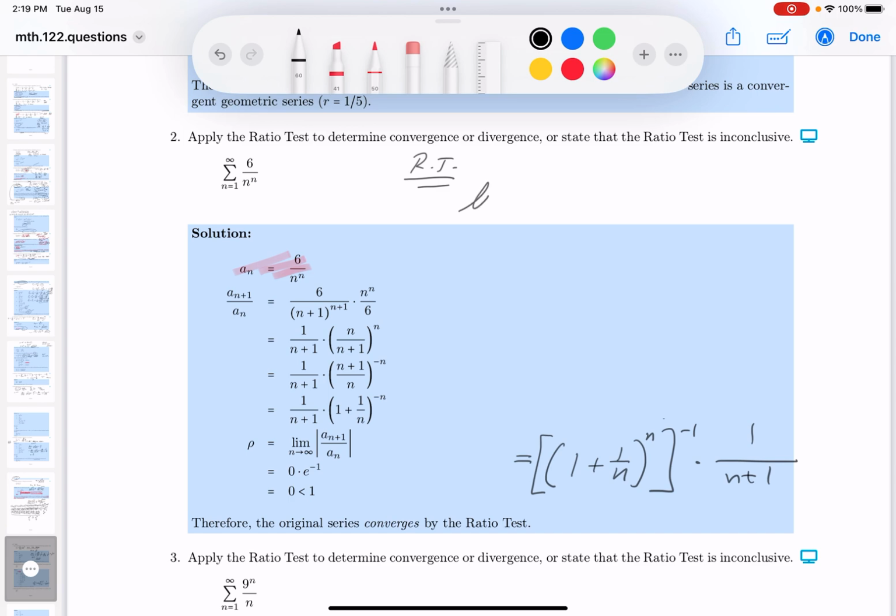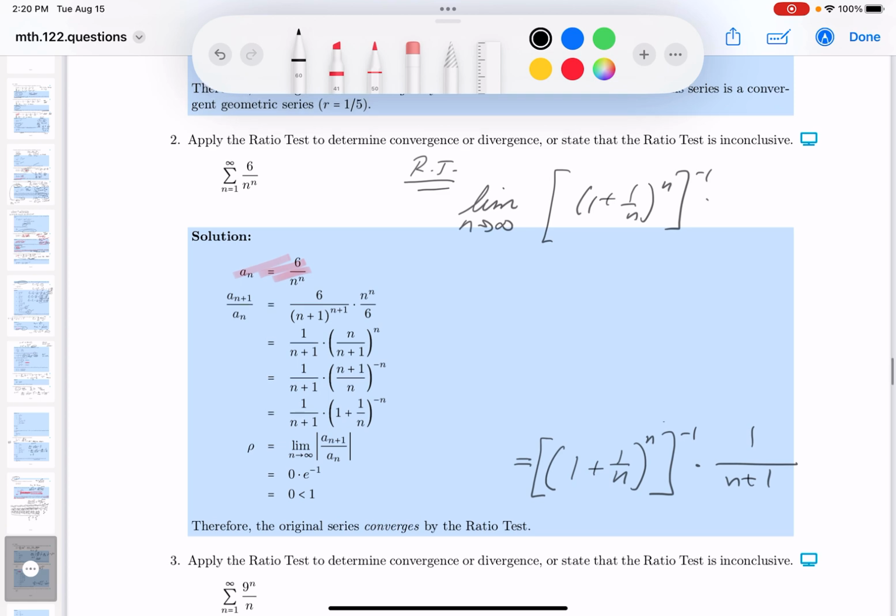So I'm going to do the limit as n goes to infinity of this nightmare over here. Oops. All right, can I do that? I can. I'll tell you why. I recognize this immediately to be e.